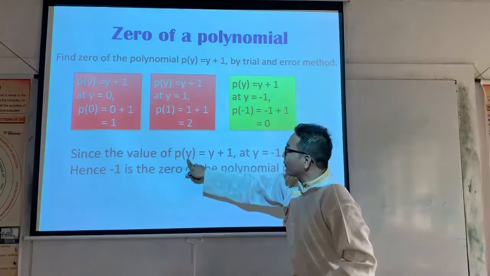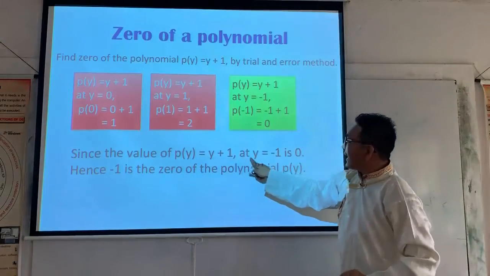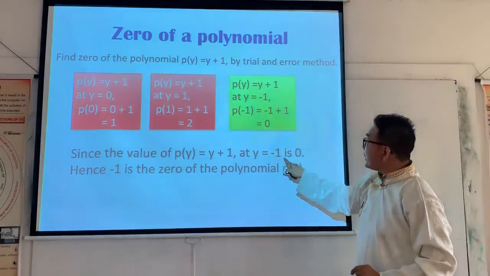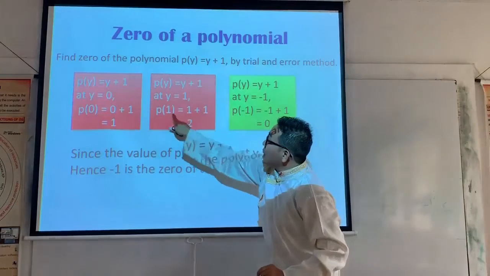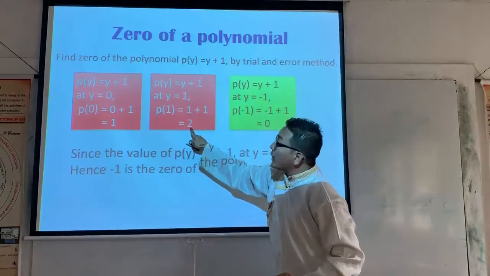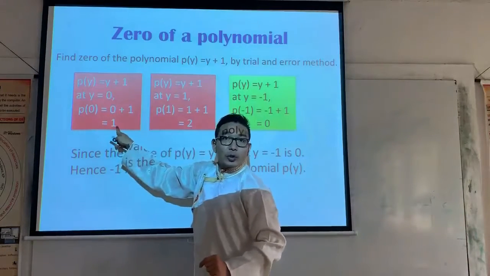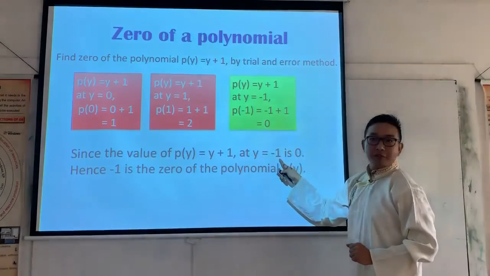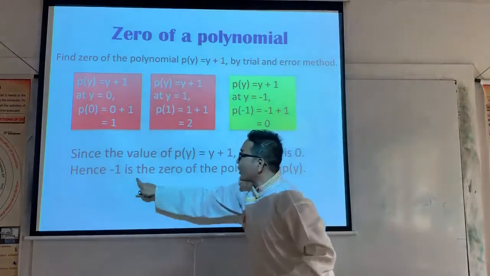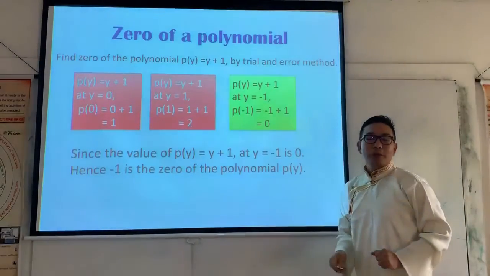Since the value of p of y is equal to y plus 1 at y equal to negative 1 is 0, therefore negative 1 is the zero of this polynomial.